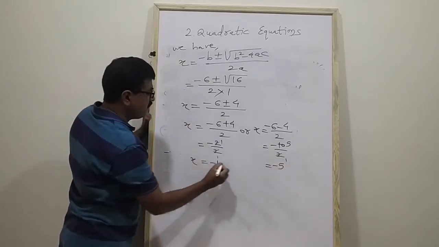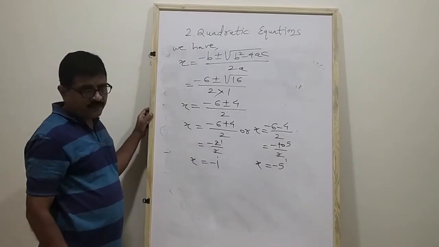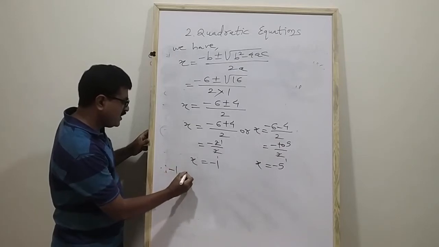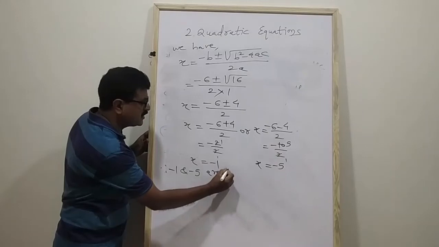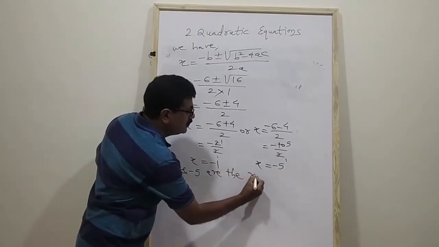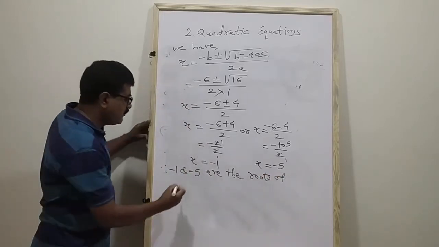Therefore x is equal to minus 1 or x is equal to minus 5. Therefore write down the answer. Therefore minus 1 and minus 5 are the roots of the given quadratic equation.